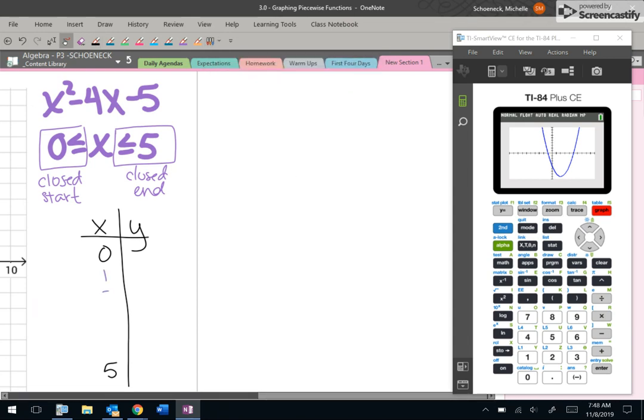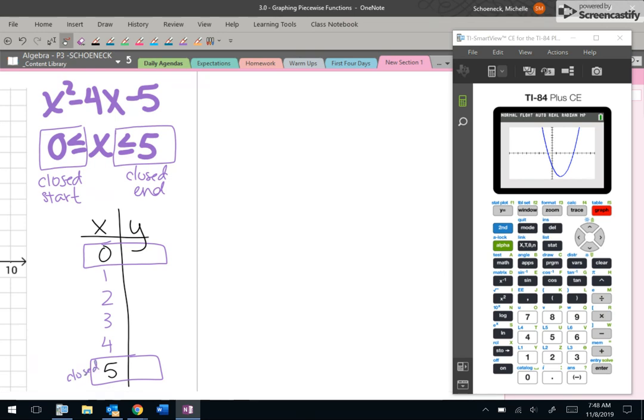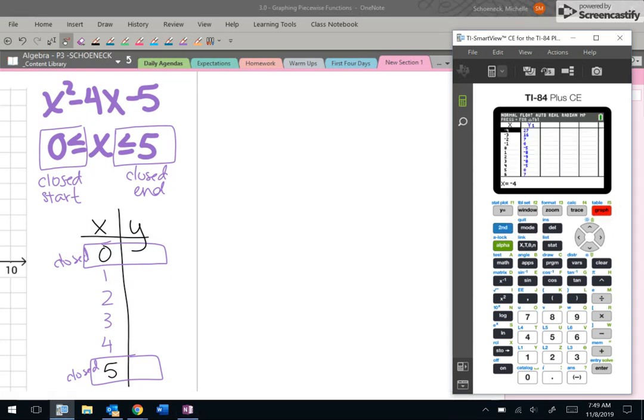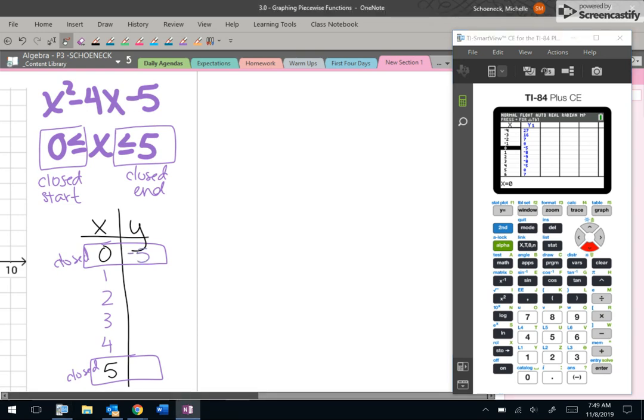So 1, 2, 3, and 4. Remember, this is a closed circle, and this is a closed circle. Now we'll go to the table so we can finish copying this down, and we're starting at 0. So 0 is -5, 1 is -8, 2 is -9, 3 is -8, 4 is -5, and 5 is 0.